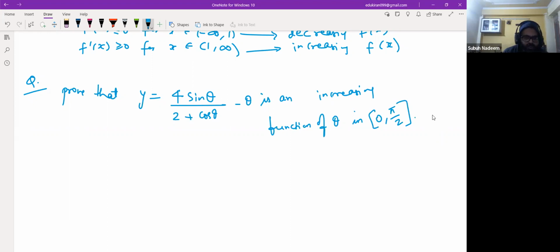Just try this. You have to differentiate this with respect to theta, because it is a function of theta, not x.